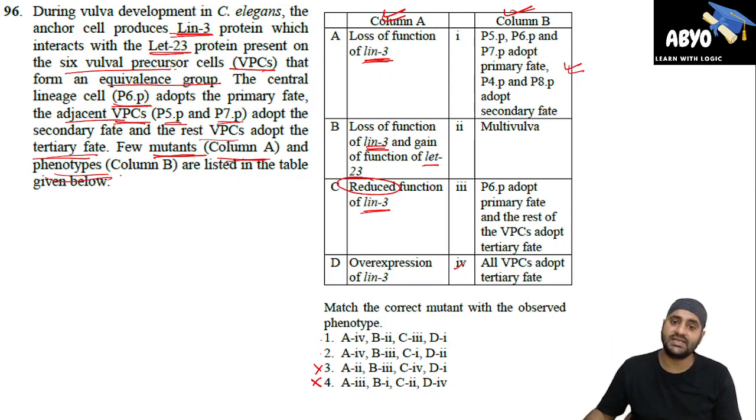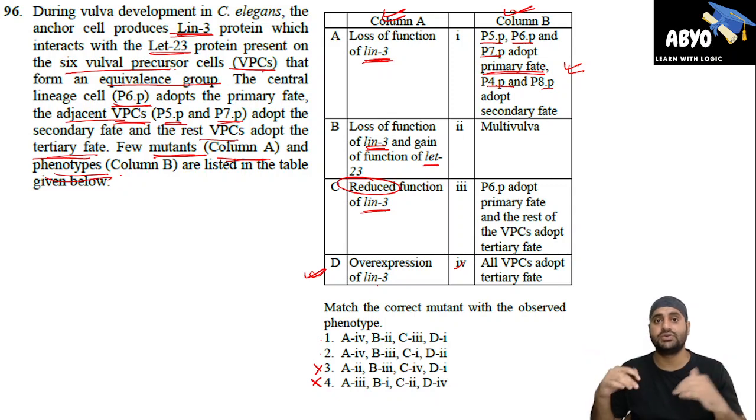So you can say overexpression of lin-3 is associated with P5.p, P6.p, P7.p adopting the primary fate, and P4 and P8, the most lateral ones, adopting the secondary fate. So D is related with 1. So D1 over here. Okay.